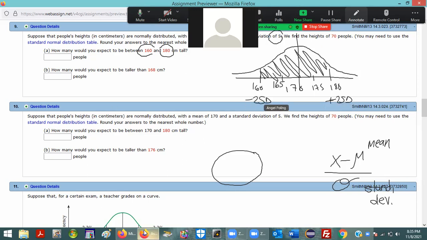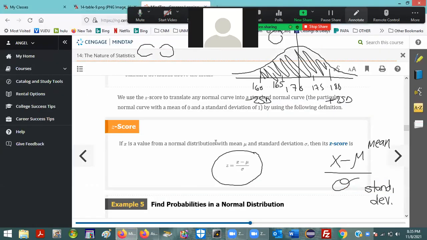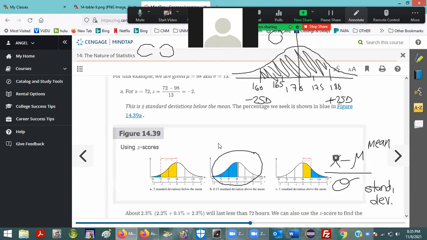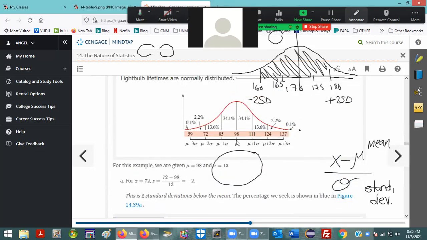If we go back to the book, we can see on this chart that between 2 standard deviations below and 2 standard deviations above, we have almost 95% of the data. We have 2.3% on each side that's not being accounted for.